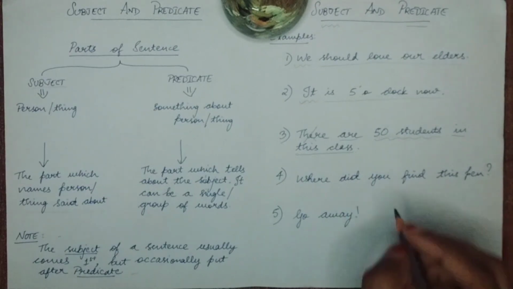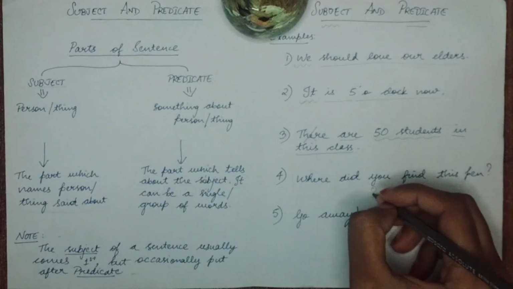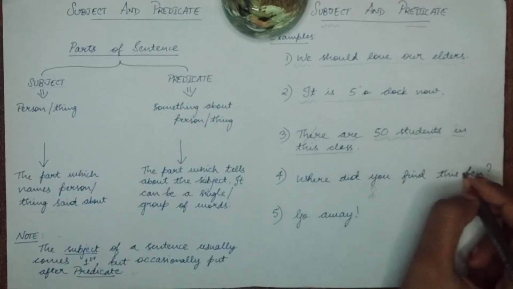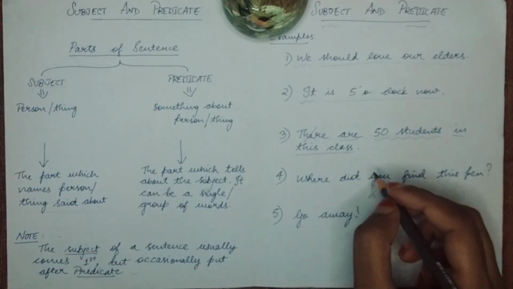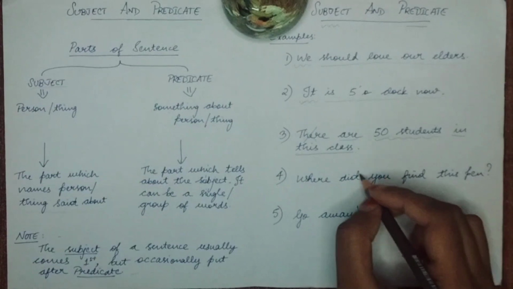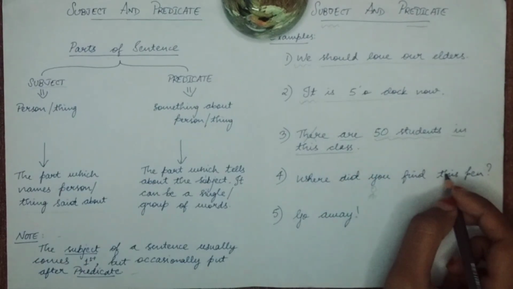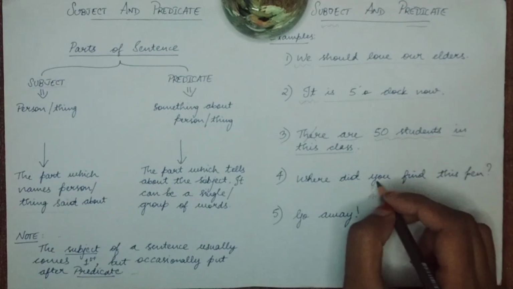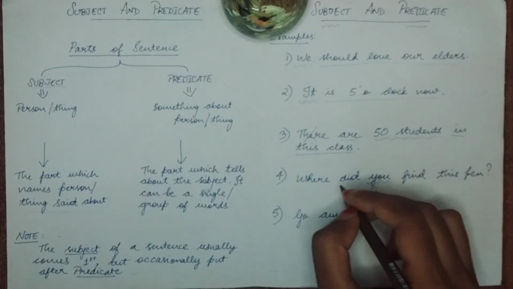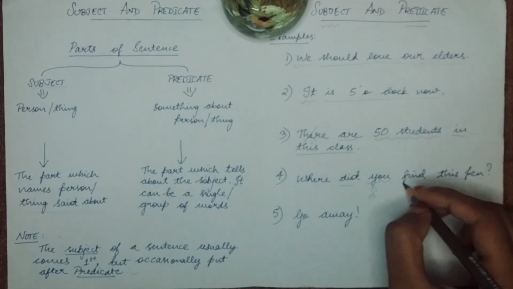You will be the subject here and the remaining part, did you find this pen, will be the predicate because it talks about you over here, the person who is you here. Because you is the one who finds the pen here, that is why you will be the subject. Let's make a curly line.